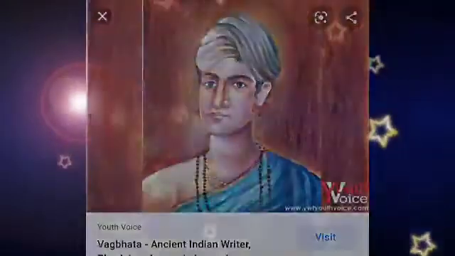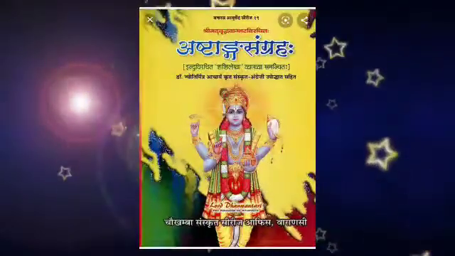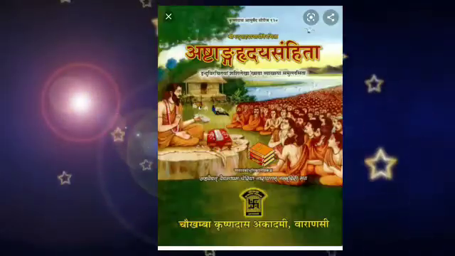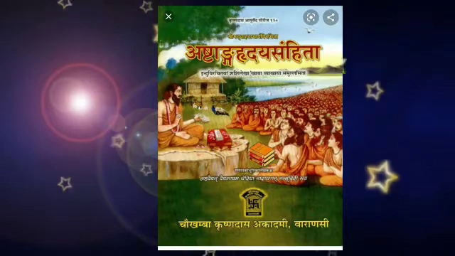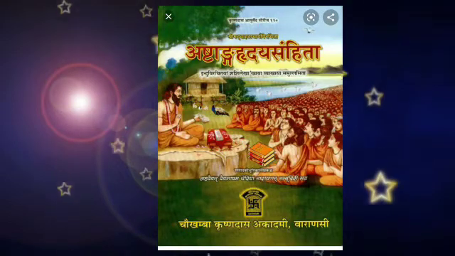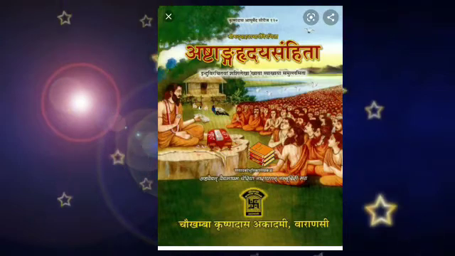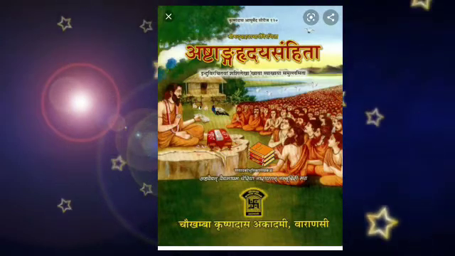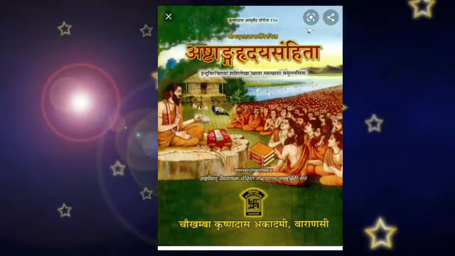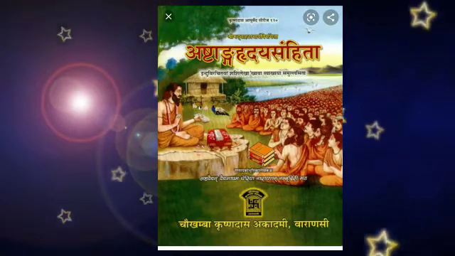See friends, Vagbhata also wrote many books on medical science. The Ashtang Sangriha and Ashtang Ridhe Samhita are the most important of them. See, two very important books, Ashtang Sangriha and Ashtang Ridhe Samhita.